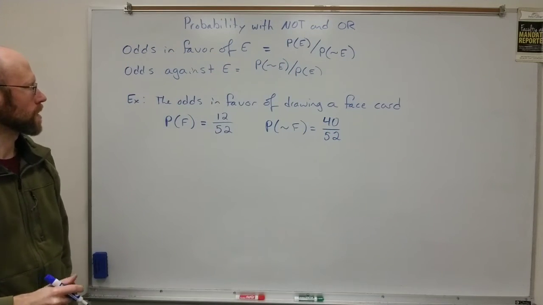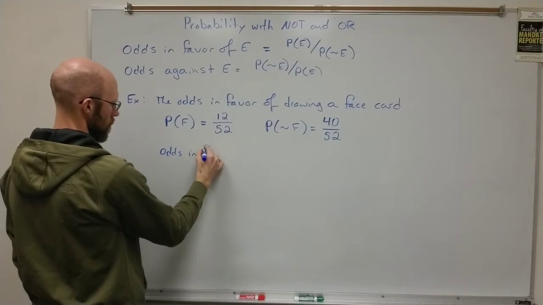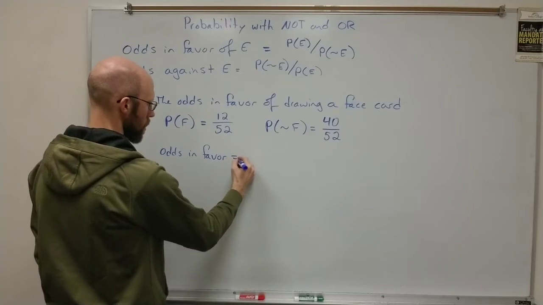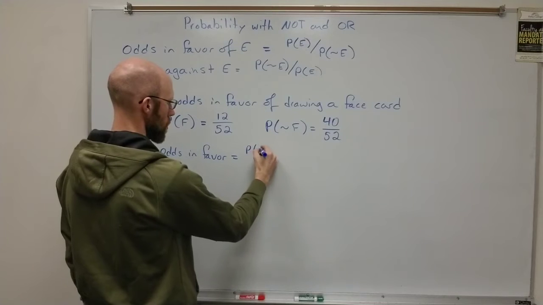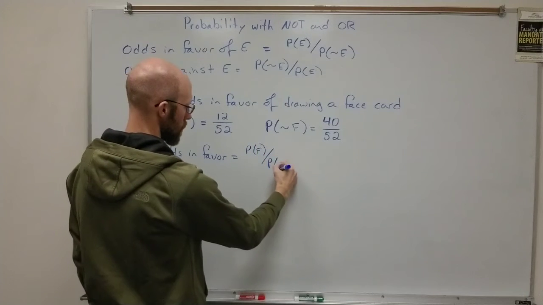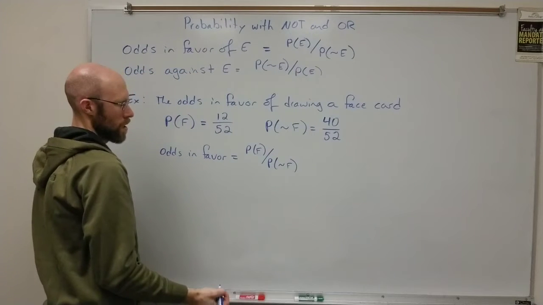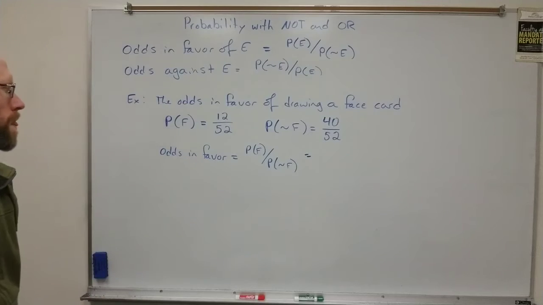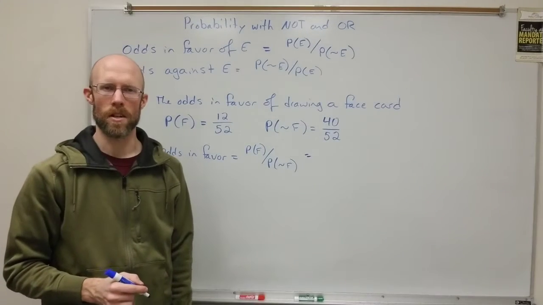So now the odds in favor are calculated by taking the probability of F divided by the probability of not F. I'm interchanging some notation here, and I just want to be careful.